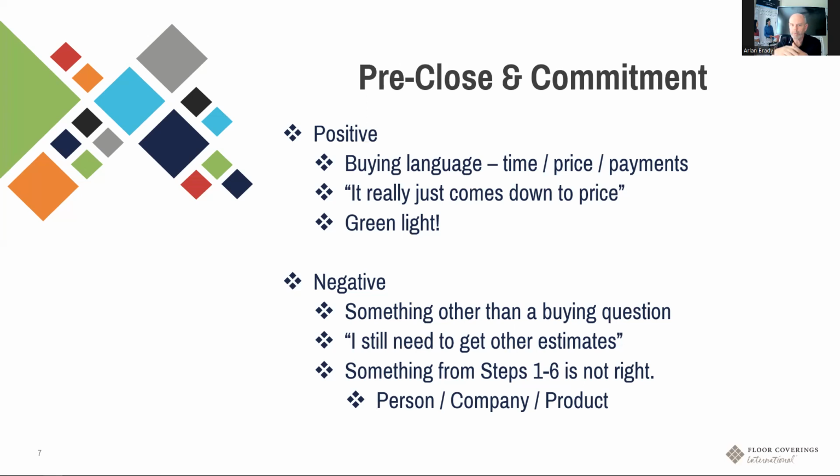And you're getting a lot of people that are saying, well, I probably still need to get other estimates. I'm not so sure. This gives you a very, very clear signal that there's something you need to work on in the first 6 steps, that your issue may not be your closing skills or how well you navigate payments. It may very well have to do with what you're doing in steps 1 through 6.